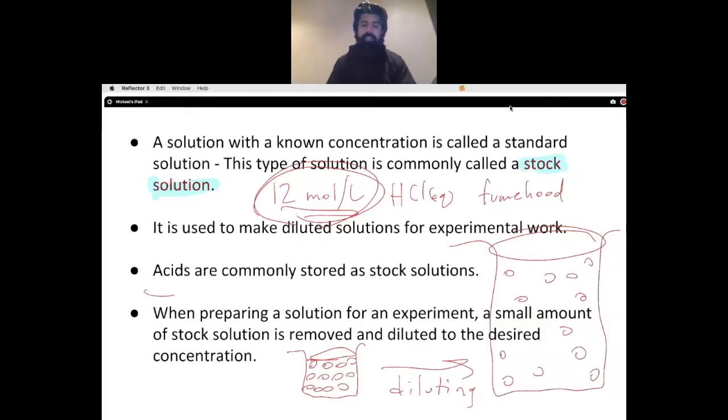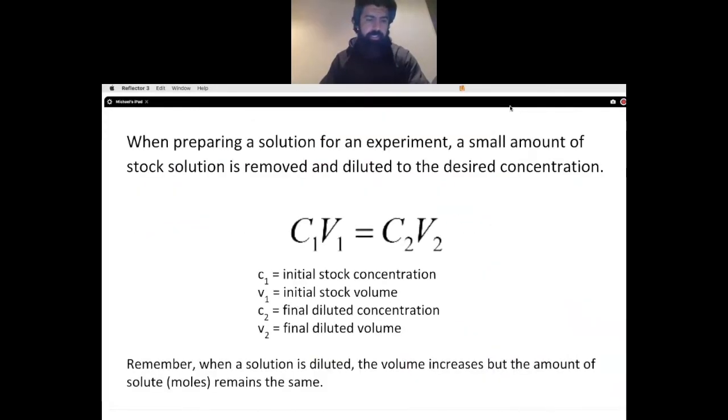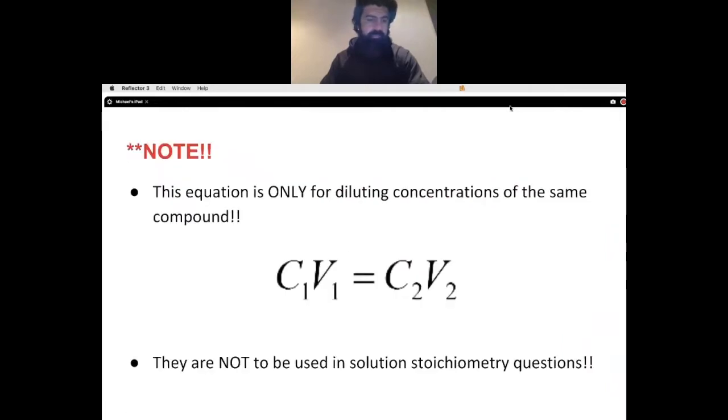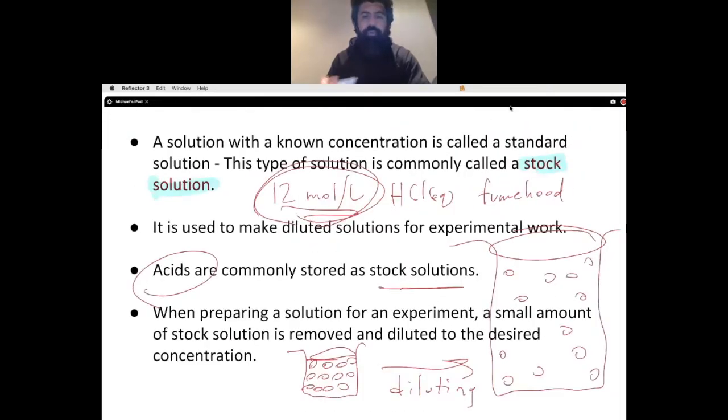Acids are commonly purchased as stock solutions. Same thing with bases. So we are diluting them with water. One thing to make note of, and the rule of thumb is this: we always add acid to water and never water to acid.